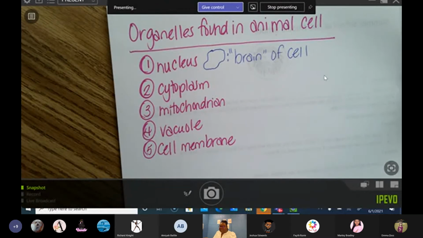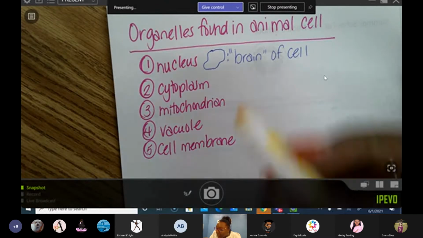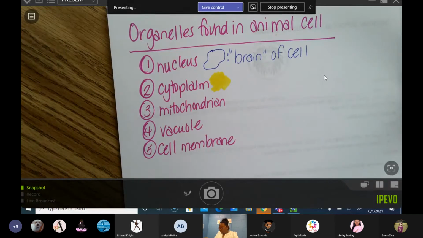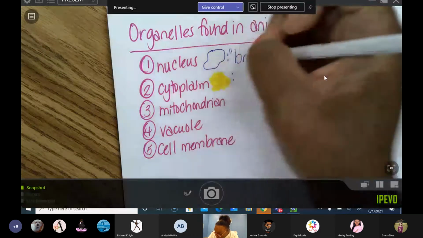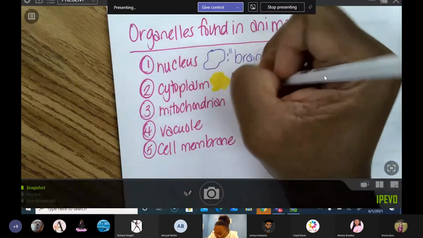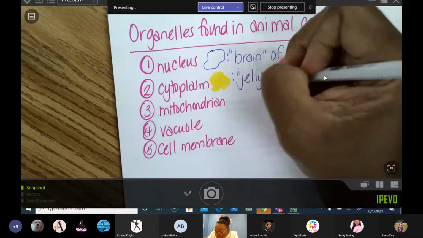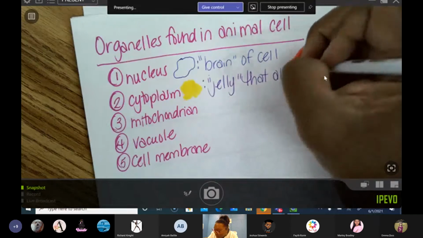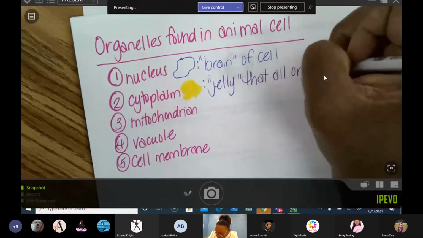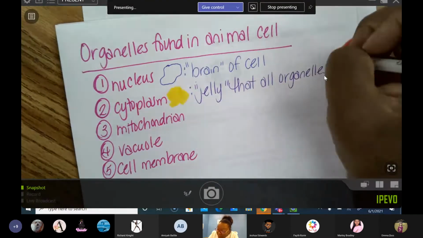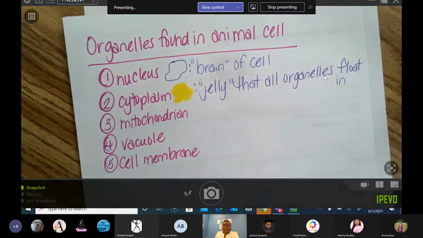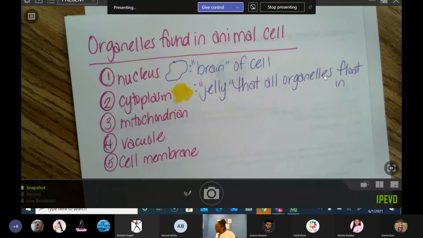We want to remember the cytoplasm. That was that yellow jelly that we filled in all of our cells with. The job of the cytoplasm, it's the jelly that all the organelles float in. It fills the cell completely.